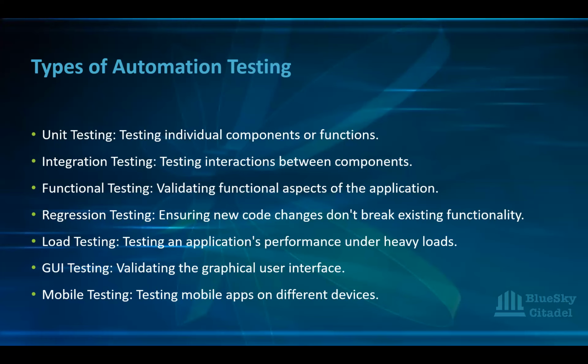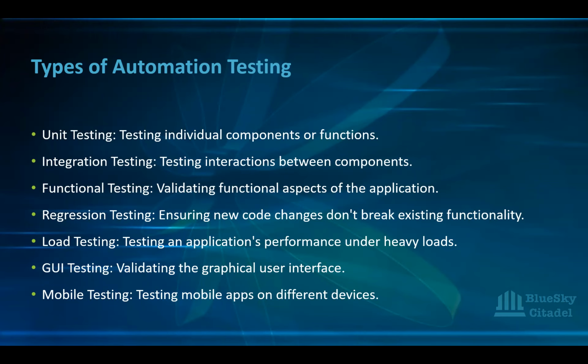When you touch or click any button, it opens and closes smoothly. You are moving from one screen to the other on your phone and the screens are transitioning without any errors. So that is what we call GUI testing. It's done on a web application. It's done on a mobile app.